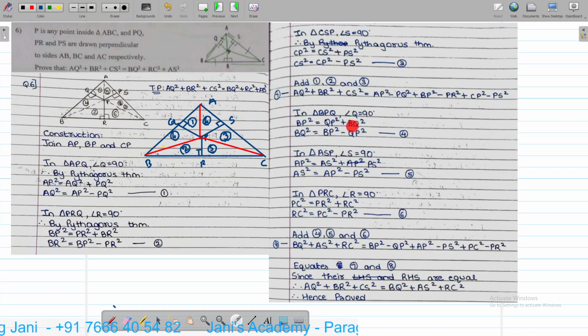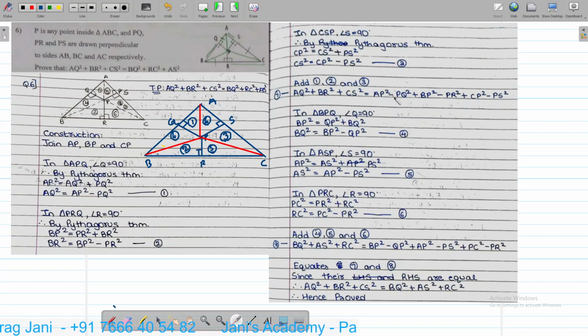Now what you require on the right side is BQ square. So keep BQ square as it is and move QP square, so BP square minus QP square. Same way in case of 5 and 6. Now if you add all of 4, 5, 6, you will get BQ, AS, RC. You will get this result.